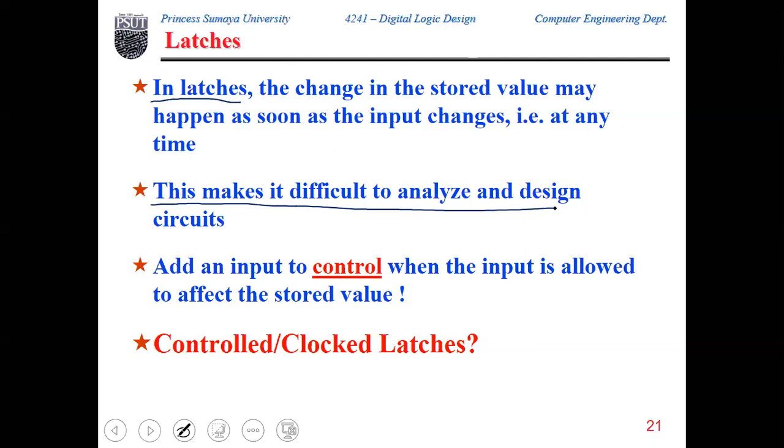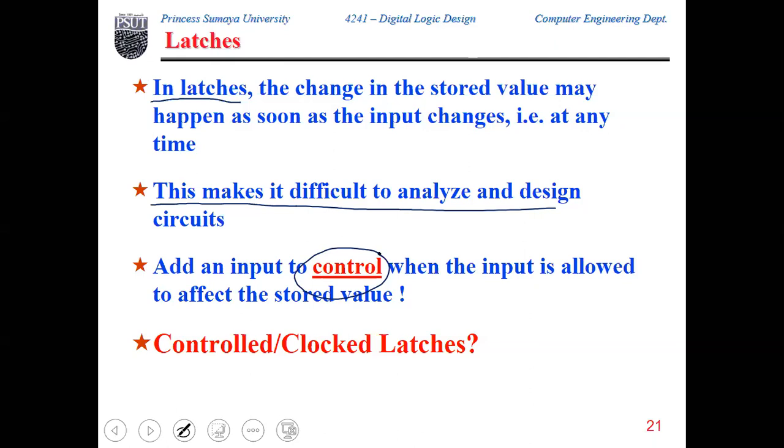In other words, we want to control when the stored value is affected by any change that happens at the input. So basically, how can we do that? We can add another input to control when the inputs can affect the stored value.